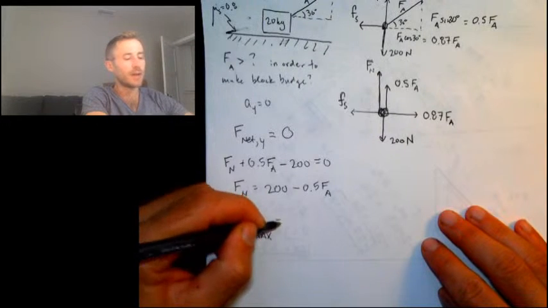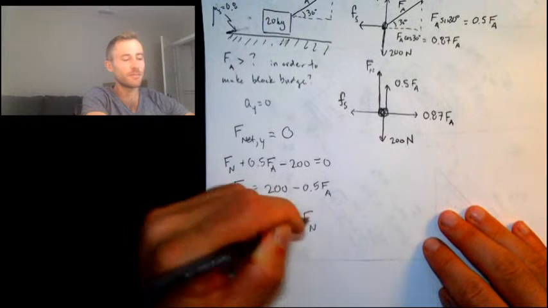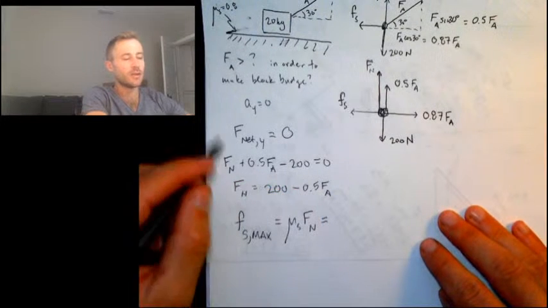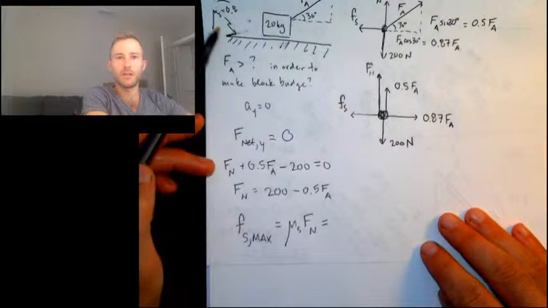Okay? So maximum static friction is mu sub s times the normal force. The coefficient of static friction was 0.8. It's right here.